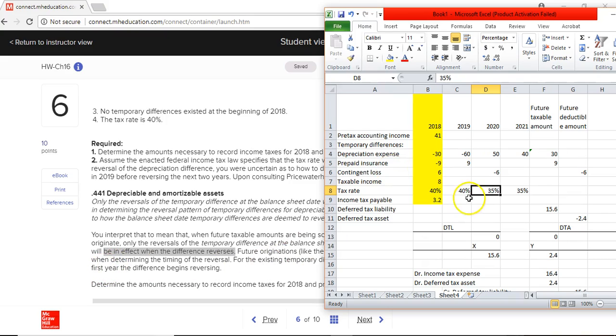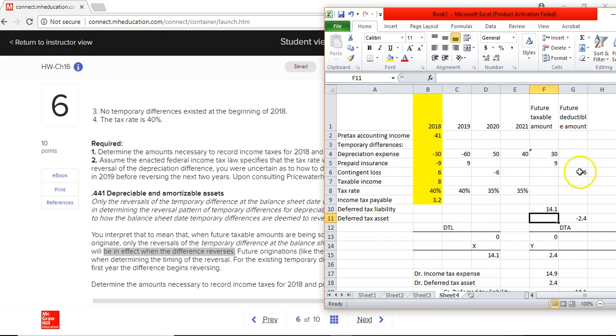Okay, with that, let's recalculate. Income tax payable in 2018 is still the same, but my future taxable amount, this 30 million, should be multiplied by, let's recalculate the deferred tax liability. 30 million, meaning the amount, the difference at the balance sheet date, multiplied by the rate in the year when the reversal starts, so 35%, plus this 9 million, which is 2019, multiplied by 40%.